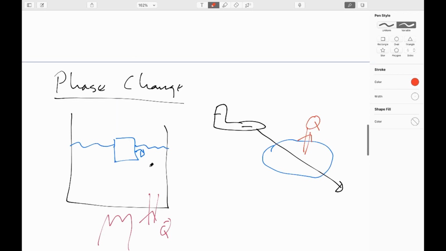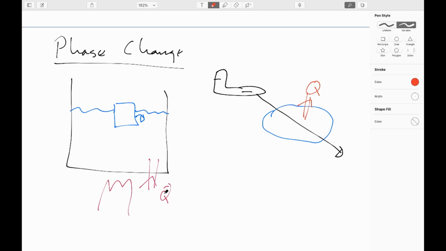And so to break bonds will require the transfer of heat in. When you're forming bonds, because that's a lower energy state, you'll end up having a heat transfer out.